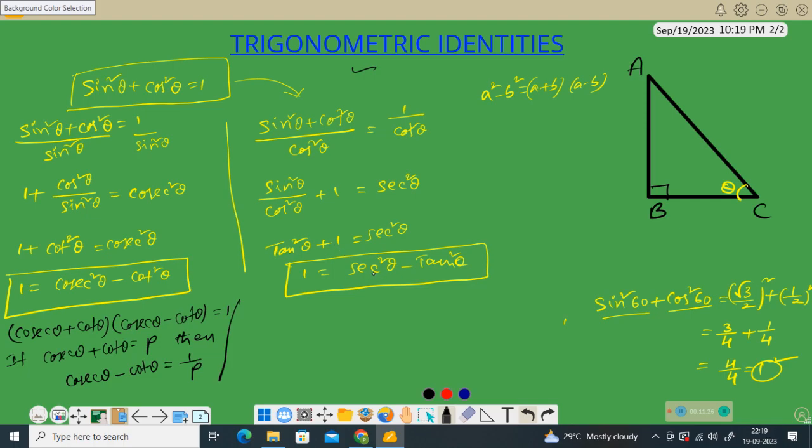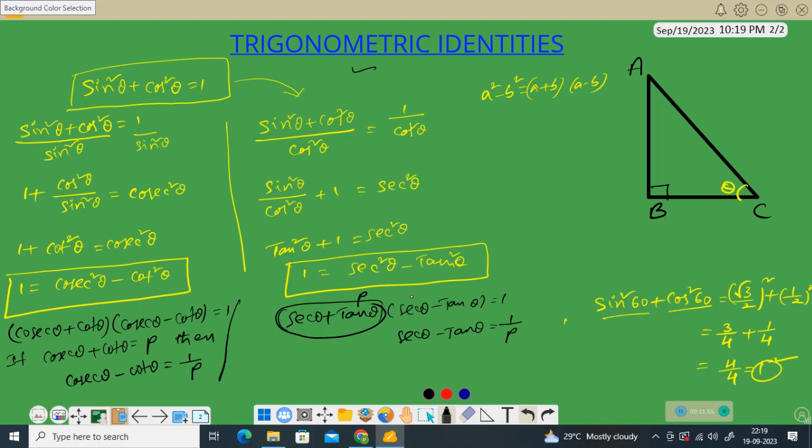Similarly, secant squared theta minus tan squared theta is also of the form a squared minus b squared, same formula: secant theta plus tan theta into secant theta minus tan theta is equal to 1. For example, if secant theta plus tan theta value is p, then secant theta minus tan theta is 1 by p.